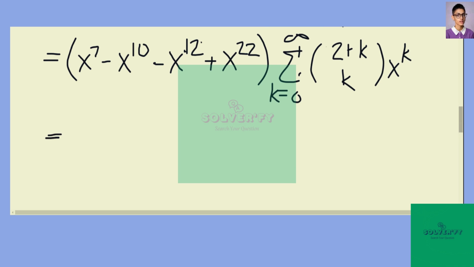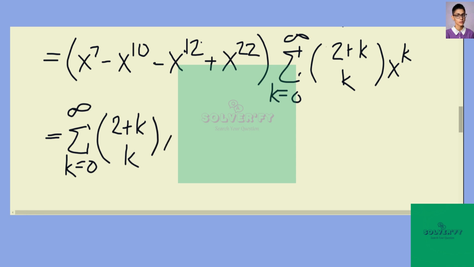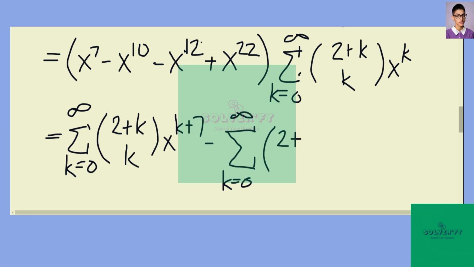We have that this is equal to the sum from k equals 0 to infinity of 2 plus k choose k, x to the k plus 7, minus the sum from k equals 0 to infinity of 2 plus k choose k, x to the k plus 10, and the rest of them don't really matter, so I'll just omit these.